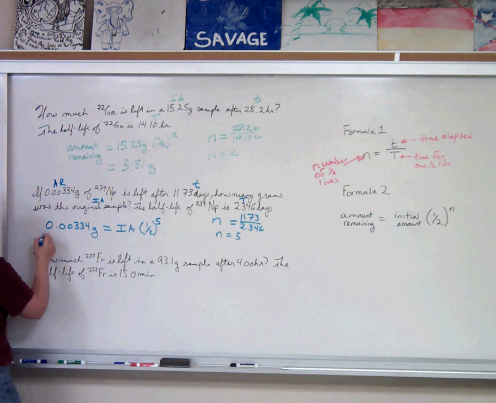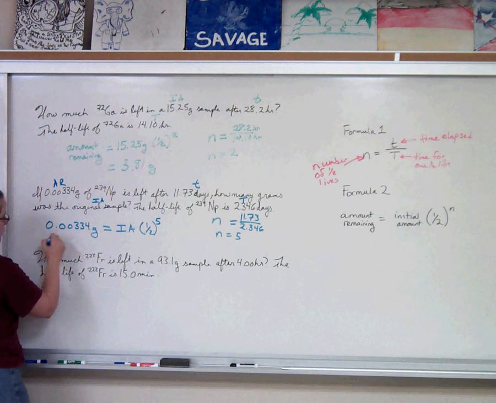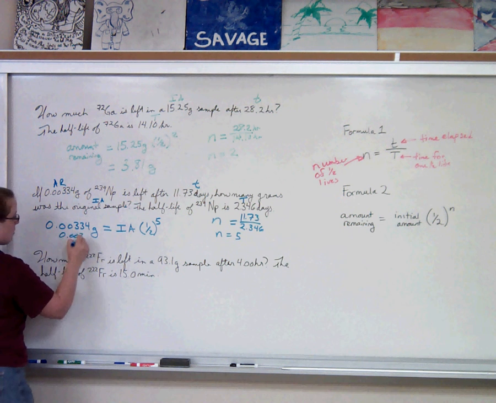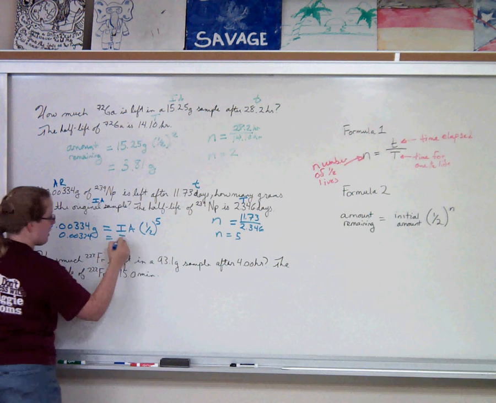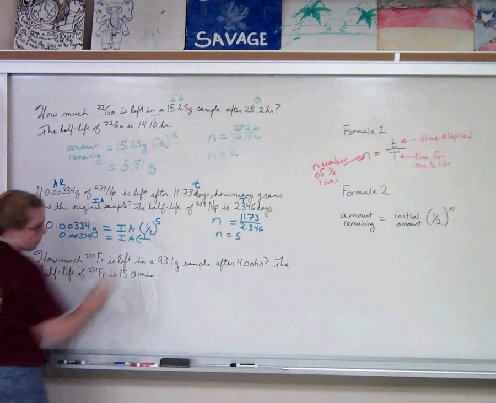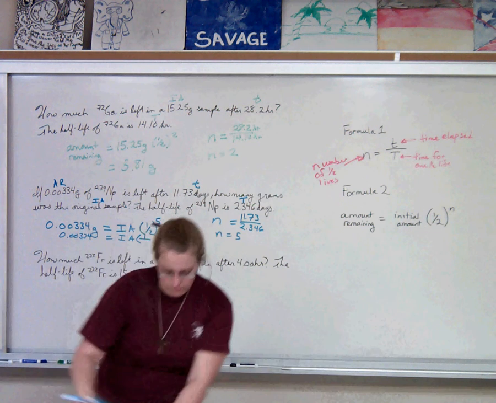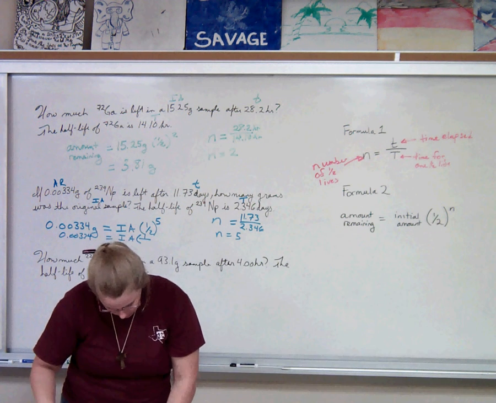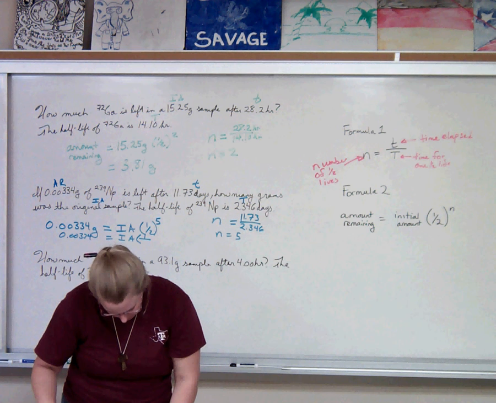So we have 0.0034 equals the initial amount times 1/2 to the 5th. And 2 to the 5th is, where's the calculator? 2, and use the little caret button.